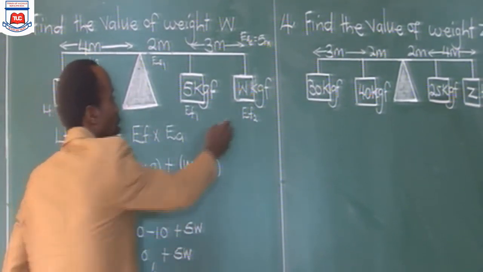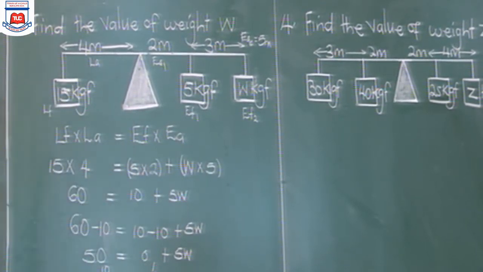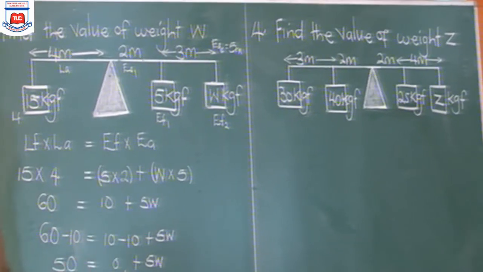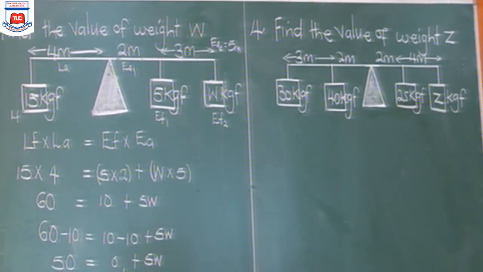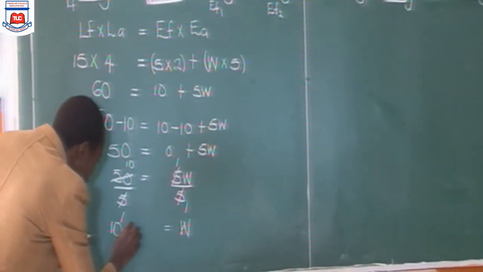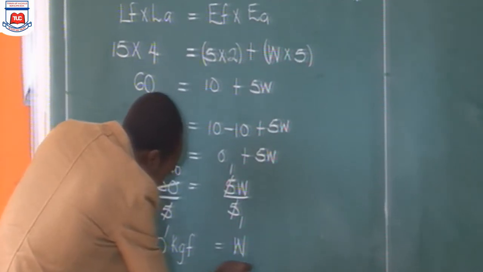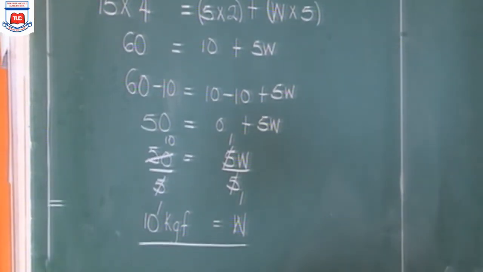So we shall have 50 plus 10, giving us 60, which is equivalent to 60 this side. So hence, proved. Are we together? So therefore, our weight here is 10 kilogram force. As simple as that. That is what the examiner wanted.